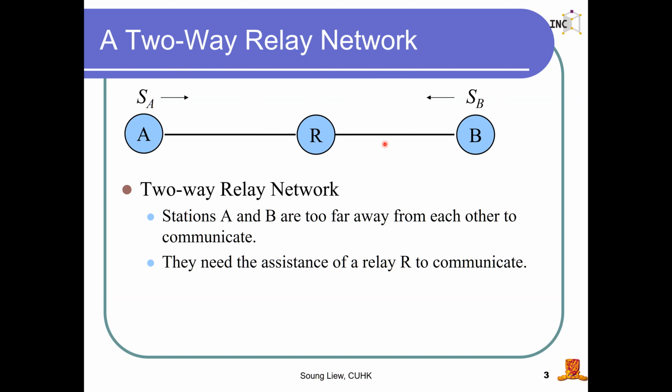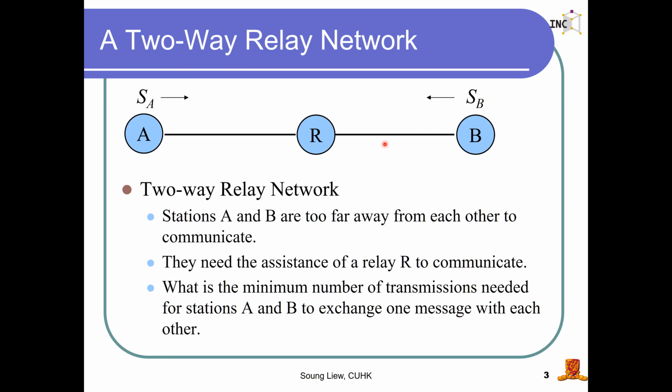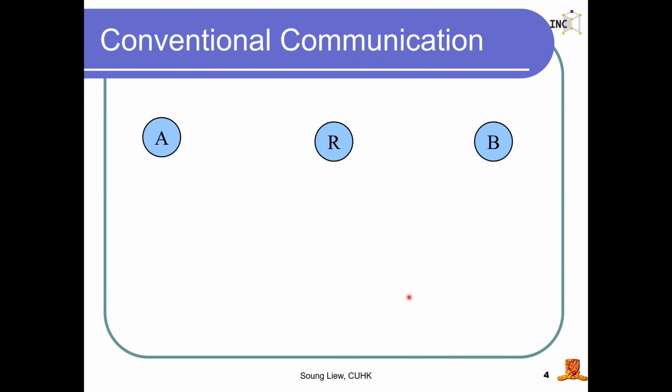So how might they do that? The question we ask is how many transmissions are needed for them to exchange one message? Well, a simple way is just what I described just now.